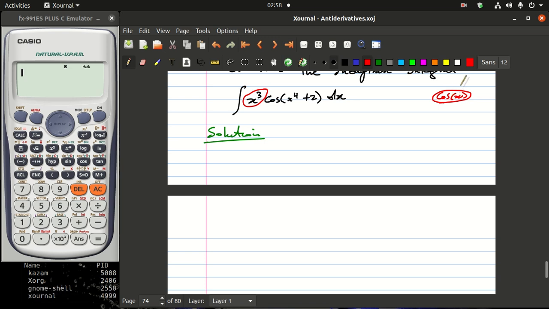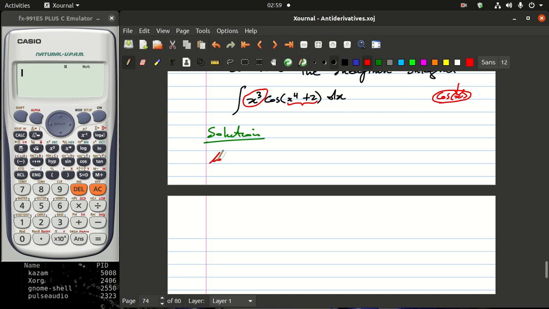But the problem here is that I've placed a function in the value of x, and it is the problem that makes me unable to take the antiderivative of cosine of something that is not x. So because of this, I am going to select my u to be what is sitting in the value of x in this function, which is causing me not to be able to take the antiderivative.